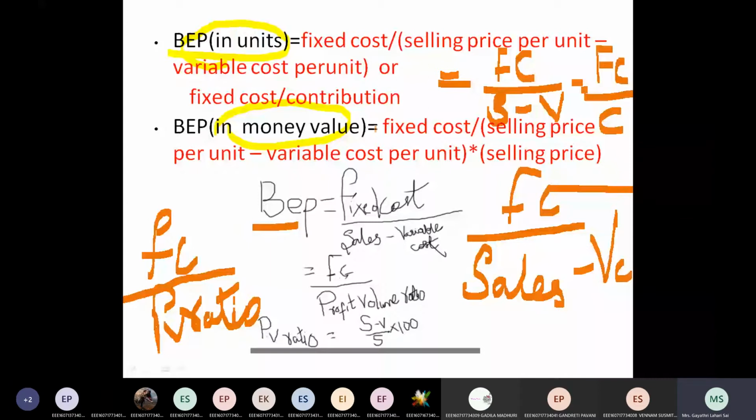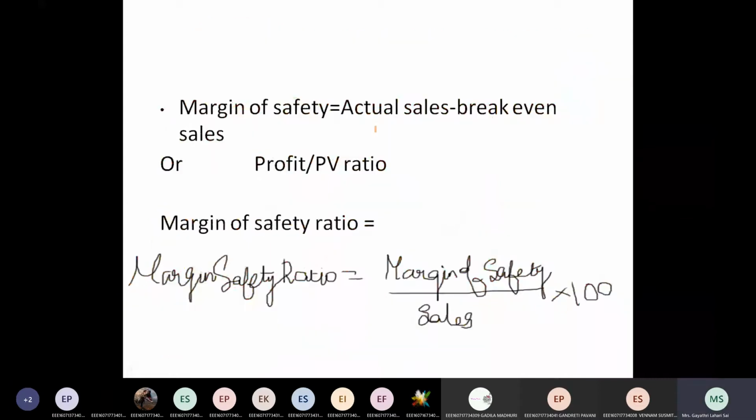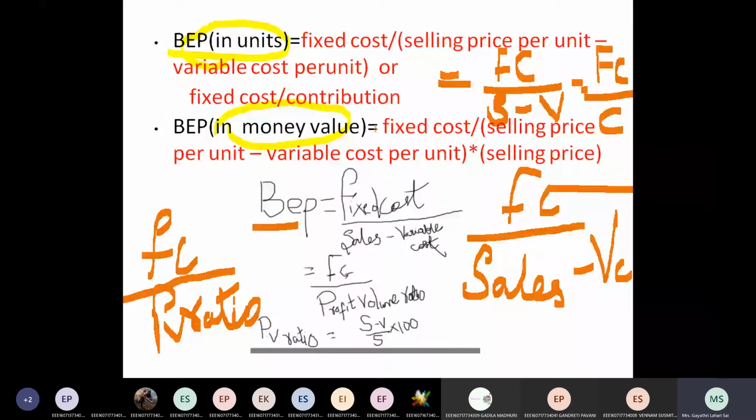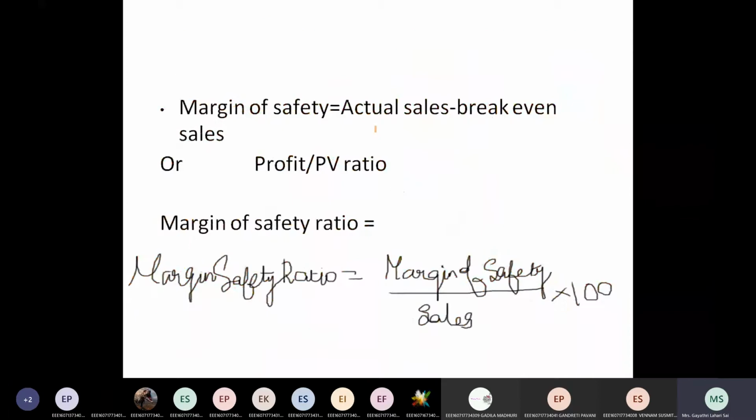So now the third formula is margin of safety. Please all of you note. The first one is break even point in terms of units. The second one is break even point in terms of money value. The third formula is margin of safety.